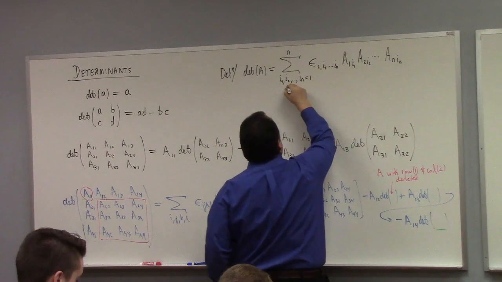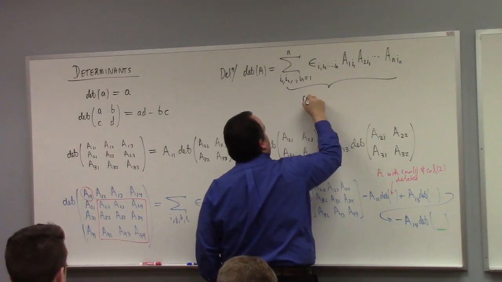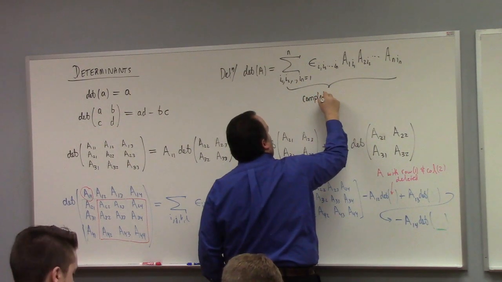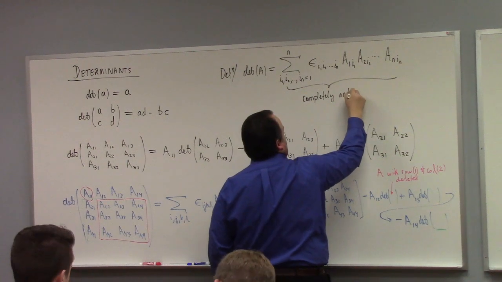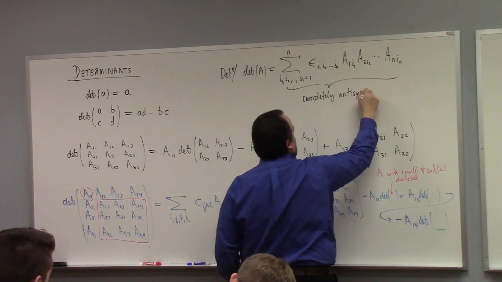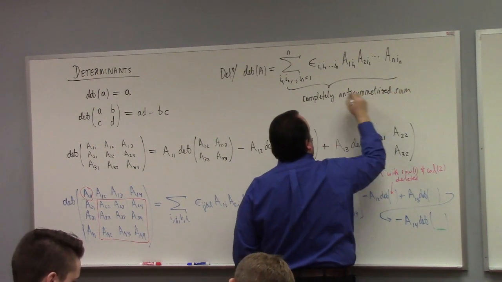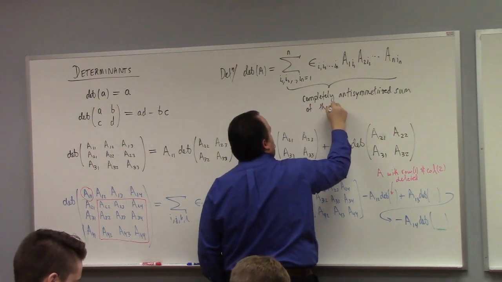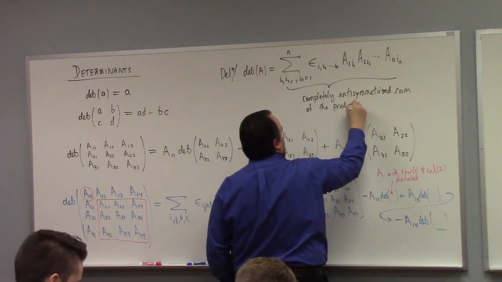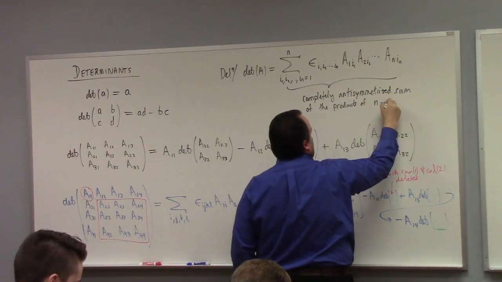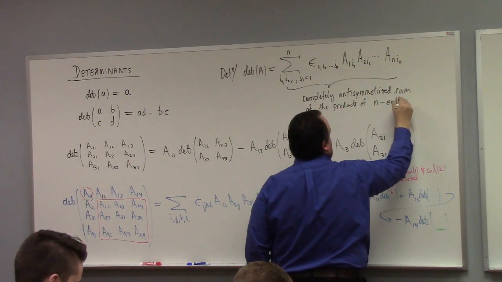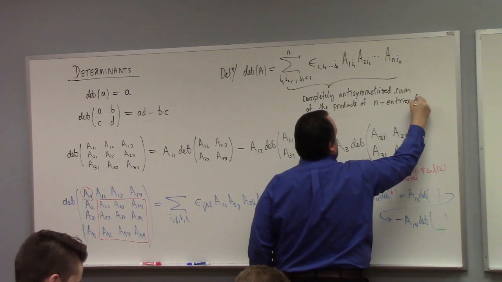So what this is in words is the completely anti-symmetrized sum of the products of n entries from A.